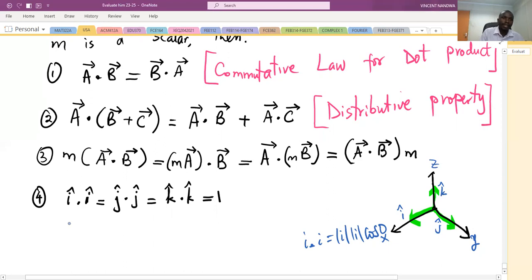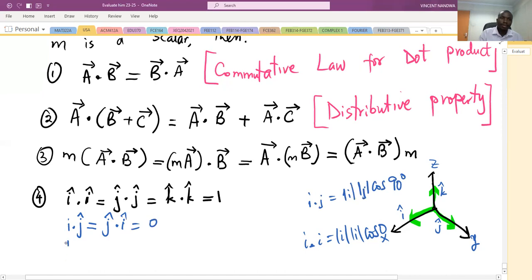But then if I say i dot j, it will be given by the magnitude of i times the magnitude of j times cos of the angle between i and j. The angle between i and j is 90 degrees, and because cos of 90 degrees is 0, i dot j is 0. Similarly, j dot i is 0.